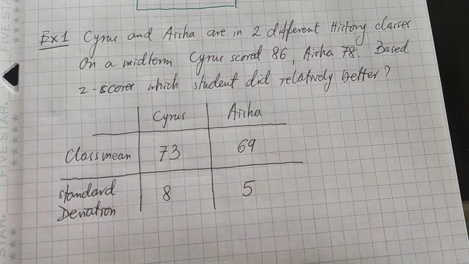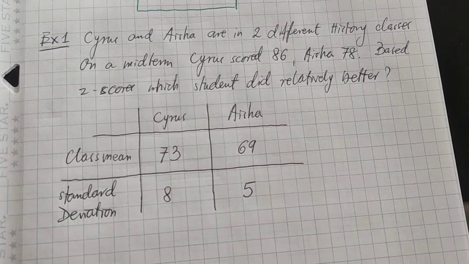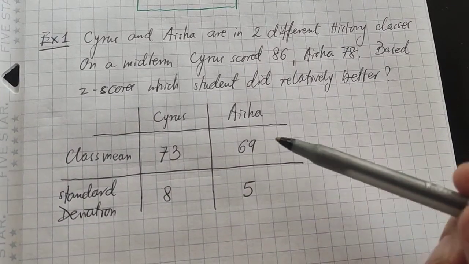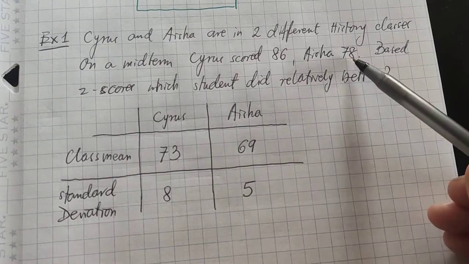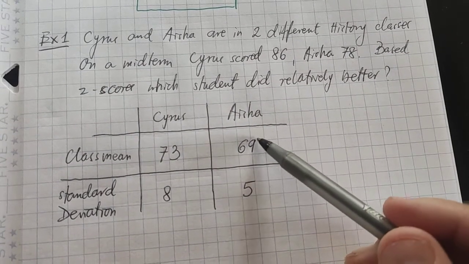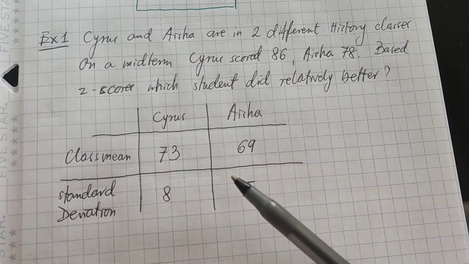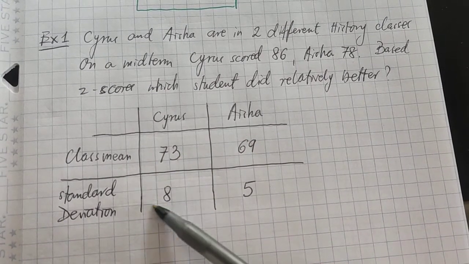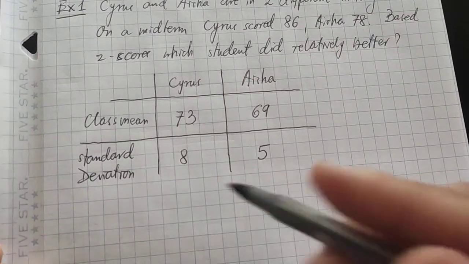Just by looking at the class mean, you can see that the score of 78 is actually pretty high compared to the mean. Well, 86 is also high compared to 73, but here the spread is much larger. Let's see how it works out.